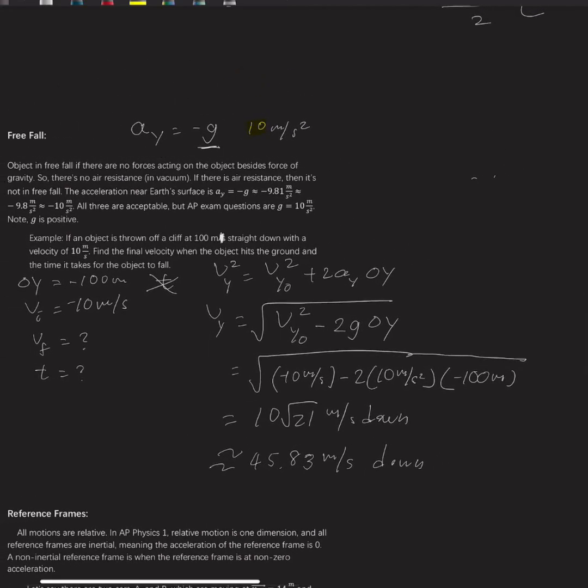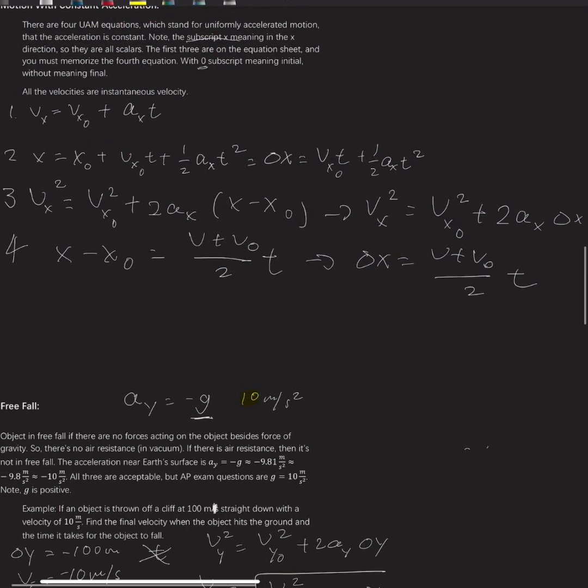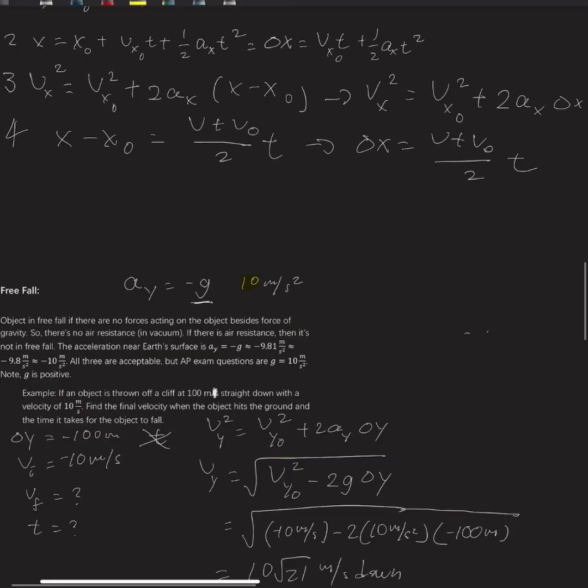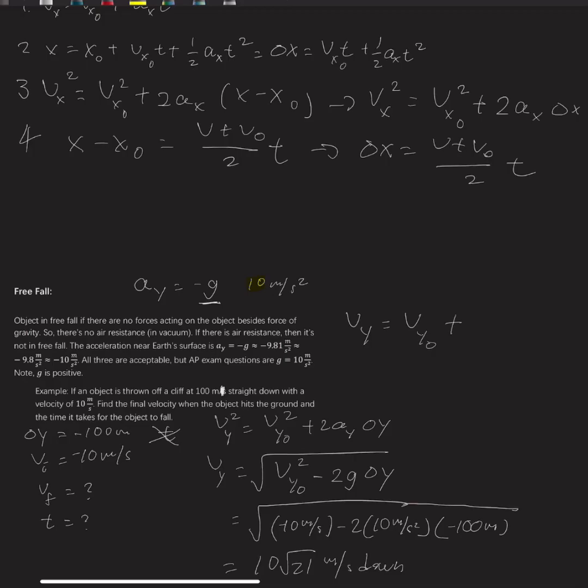And now let's calculate the time. Since we already calculated the final velocity, we do not need the second equation. It's super long if you use the second equation to calculate everything. So let's use the first one. Velocity in the y direction final is equal to velocity in the y direction initial plus acceleration in the y direction times time.